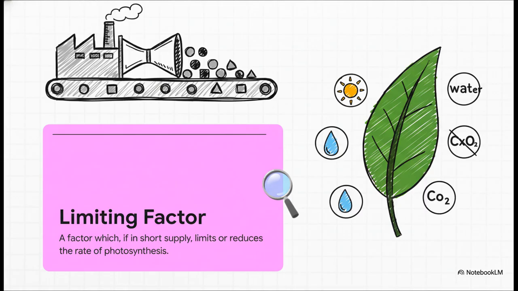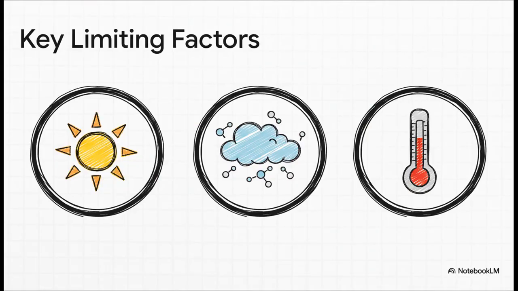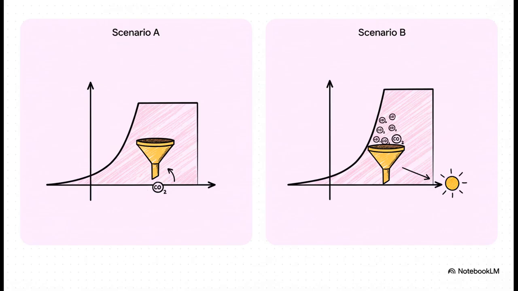For a plant, if any one of its key ingredients is in short supply, that becomes the limiting factor. So besides the light intensity we've already been digging into, there are two other main dials controlling a plant's speed: the amount of carbon dioxide in the air and the temperature, which is super important for the enzymes that make these reactions happen.